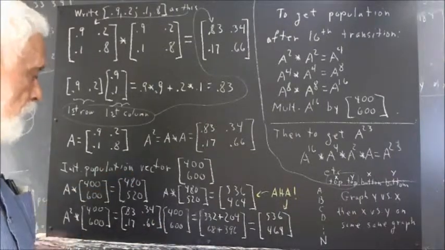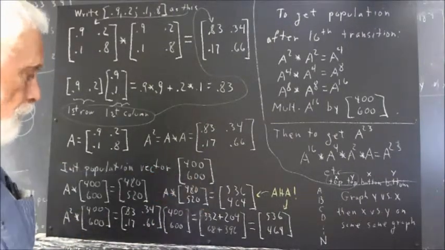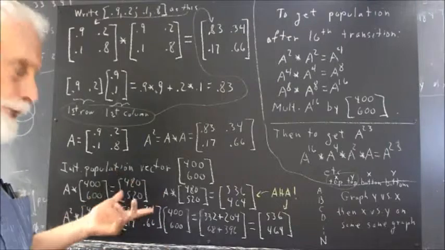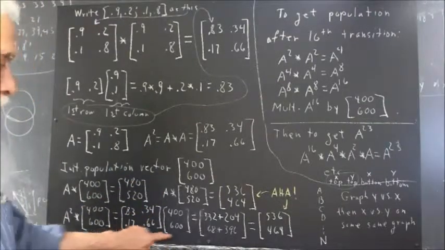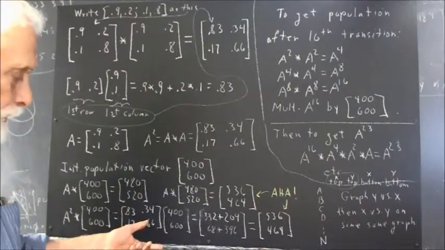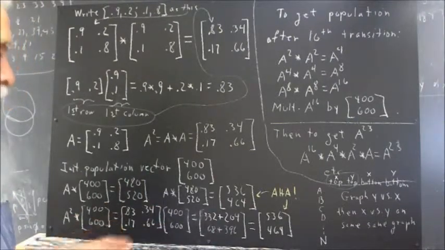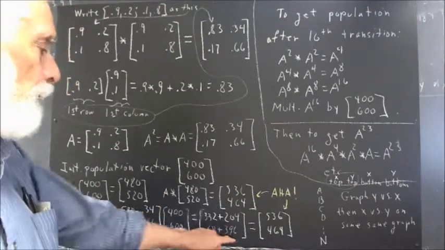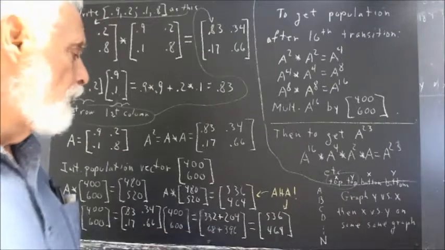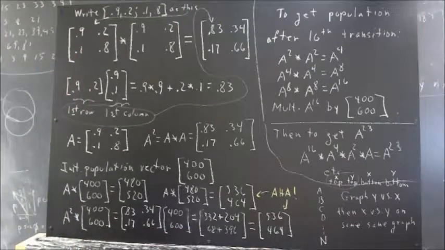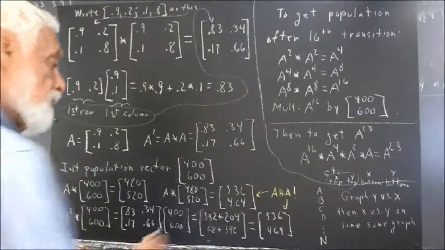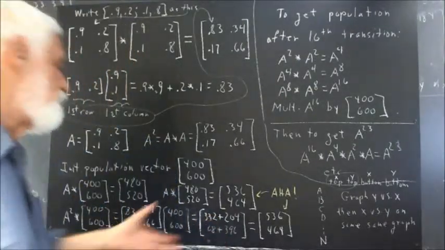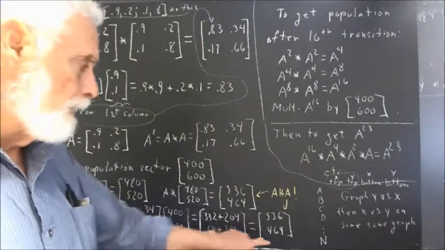You can do it in your head, but that's going to add up to 332. Okay, and then 0.17 times 400, 17 times 4 is 68, and 0.66 times 600. 6 times 6 is 36. It's going to give you 360 and 36. You'll have to think about where the decimal places go, but the arithmetic of doing these multiplications is simple enough, and you should know your basic calculations well enough, and your multiplication tables and so forth well enough that you can easily do that.